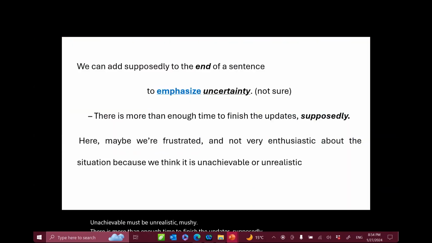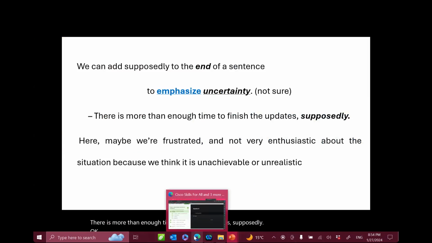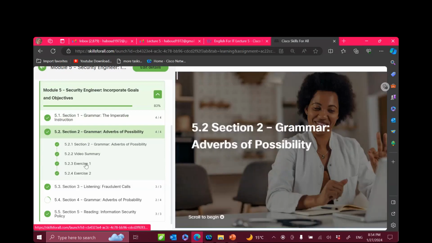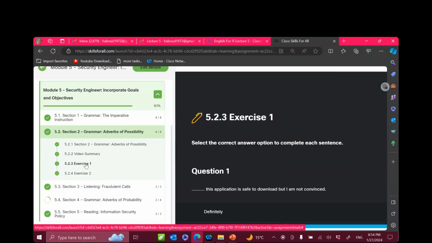Okay, so let's check whether we understood or not through exercise. So let's have a look at exercise number 1. Select the correct answer option to complete each sentence. Question 1.